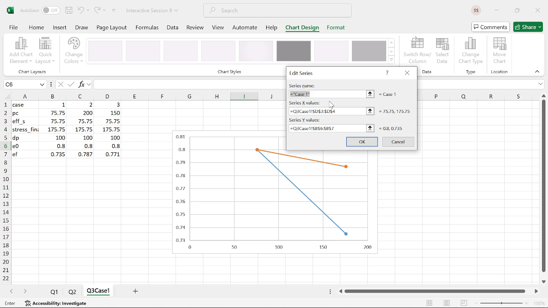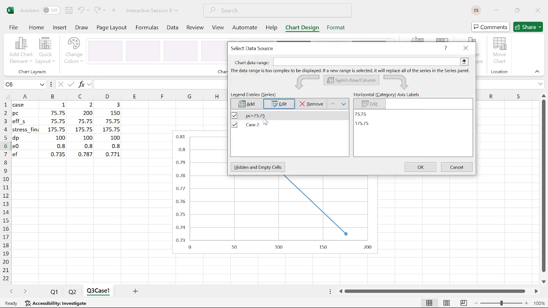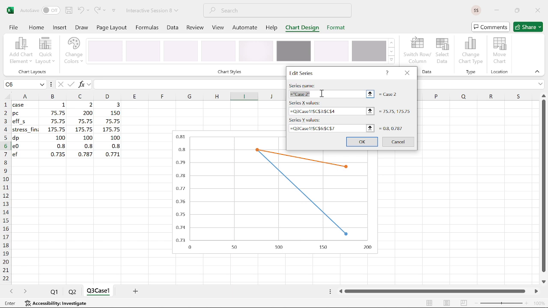Actually, instead of case, let me write PC equal 75.75. PC equal 100. Not 100, 200.